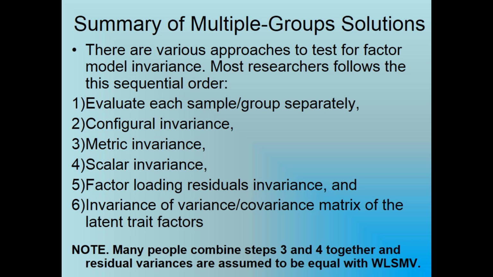If that changing chi-square is non-significant, I know that both my factor loadings and intercepts are equal across the groups. If that changing chi-square is significant, then I know that either the factor loadings and or the intercepts differ across the groups, at least one.